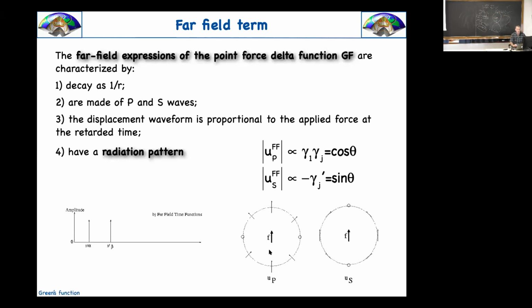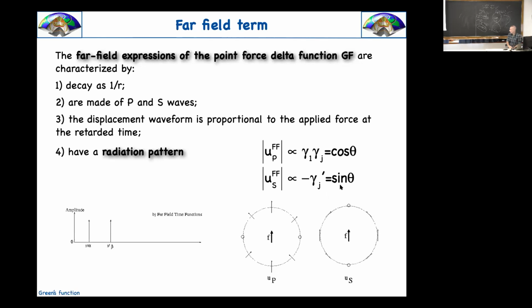What this plot is saying is that if we stay in front of a force, we're going to be pushed. If we stay in the back, we're going to be pulled. And that's reasonable. If we stay on the two sides at 90 degrees, no effect there with P. What about the sine?